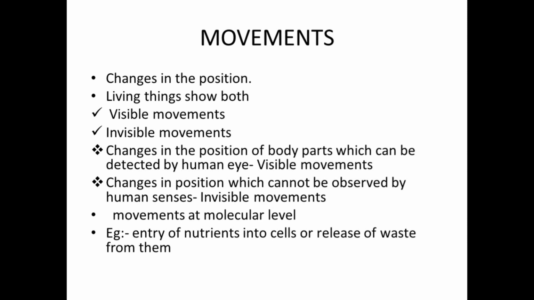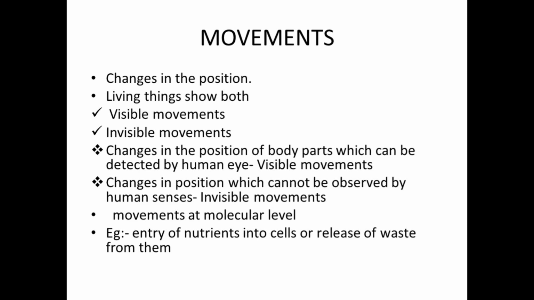For example, if we take an organism like a dog which is sleeping, it's not visibly moving, but there are movements taking place within the body of that organism. Such movements which cannot be observed by human senses are called invisible movements. These invisible movements are major movements which take place at the molecular level.